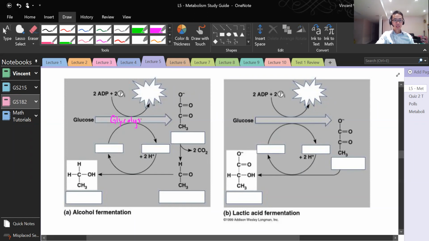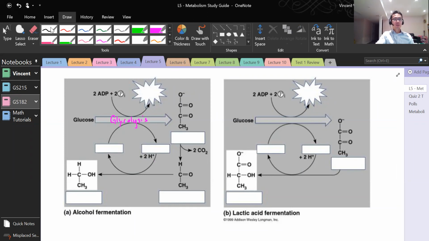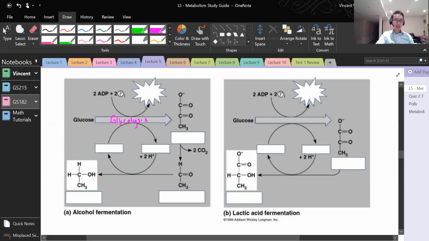Now in glycolysis, in order for this to take place, we're going to need to have 2 NAD+, right? The NAD+ will pick up the electron. It will be reduced into NADH.